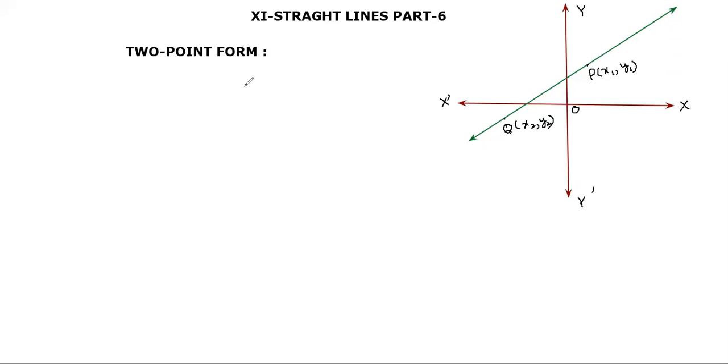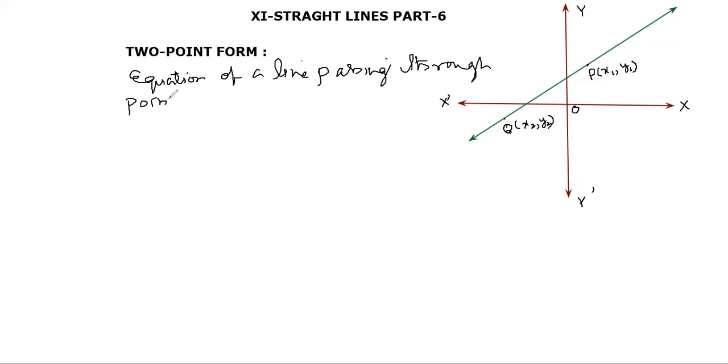So the equation of a line passing through 2 points. 2-point form means equation of a line passing through 2 given points P, whose coordinates are x1, y1, and Q, x2 and y2.